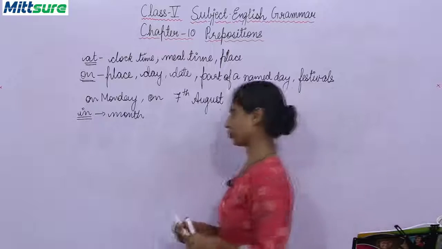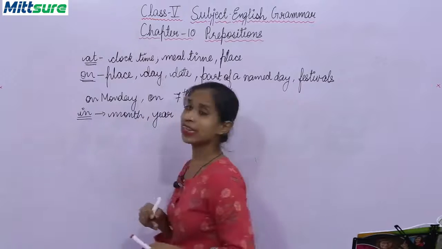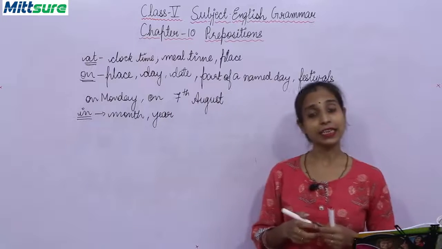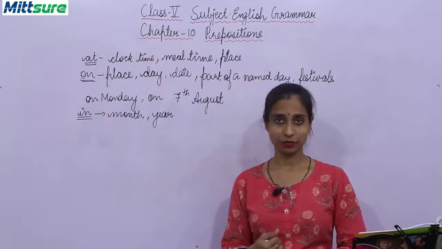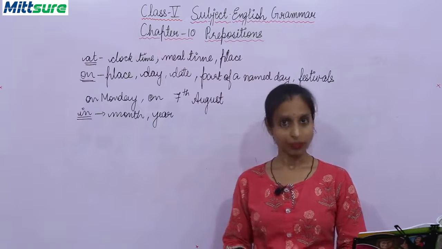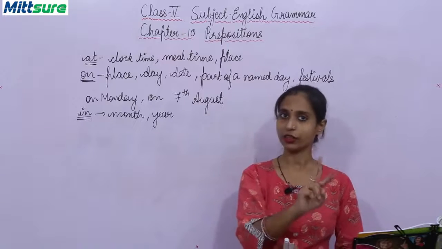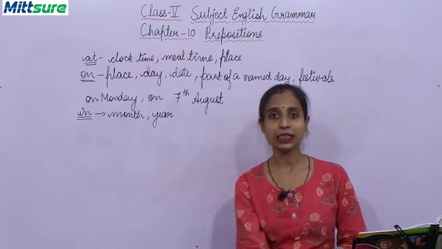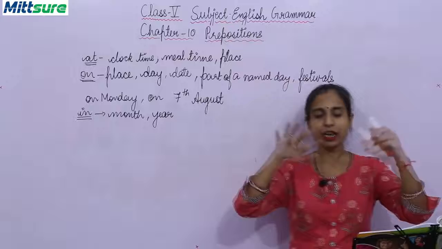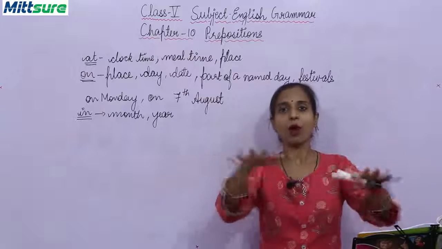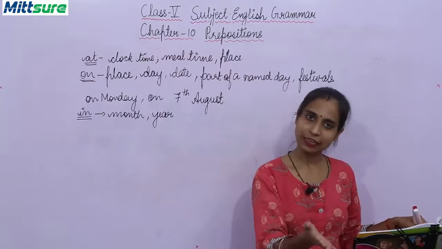Year also. In 1947, India got its freedom. Right? So, day and date "on", month and year "in". Keep in mind that when we are talking on a broad scale, we use "in".